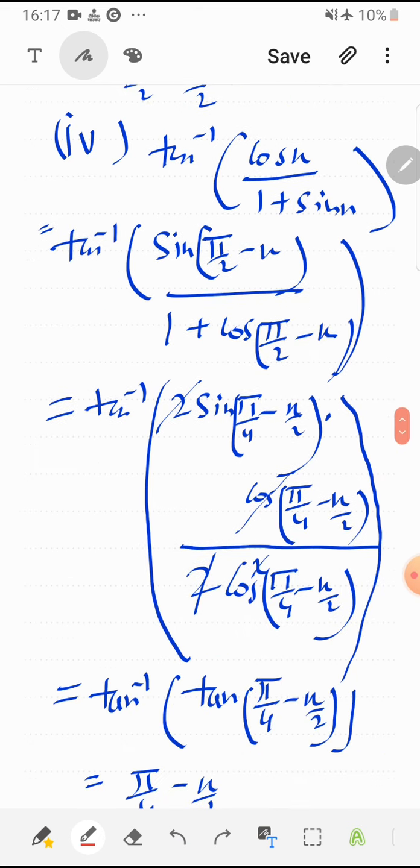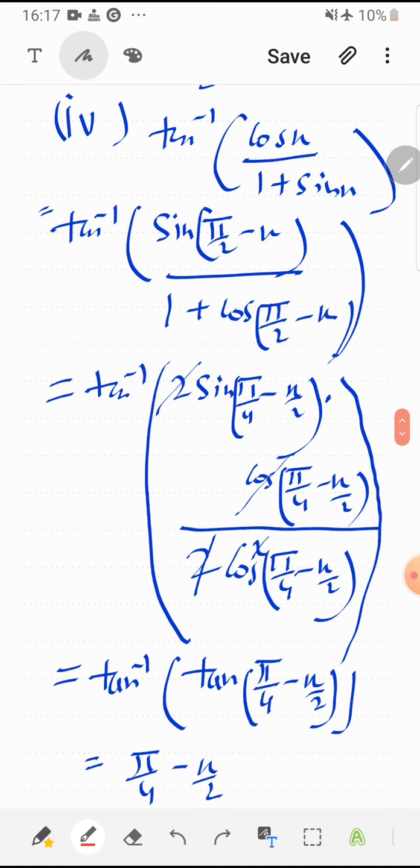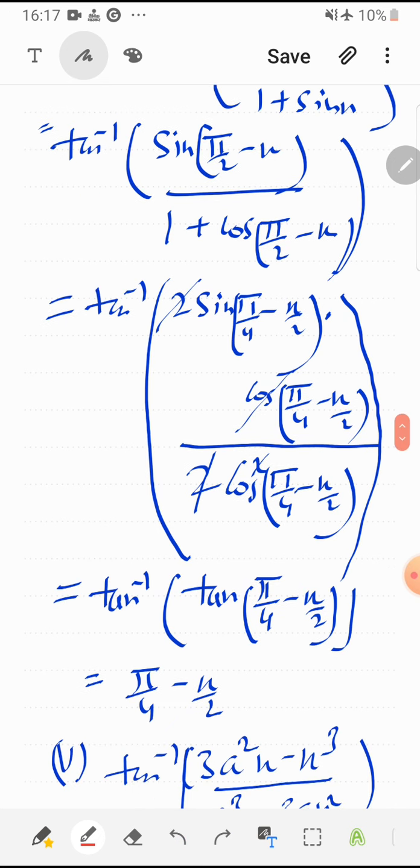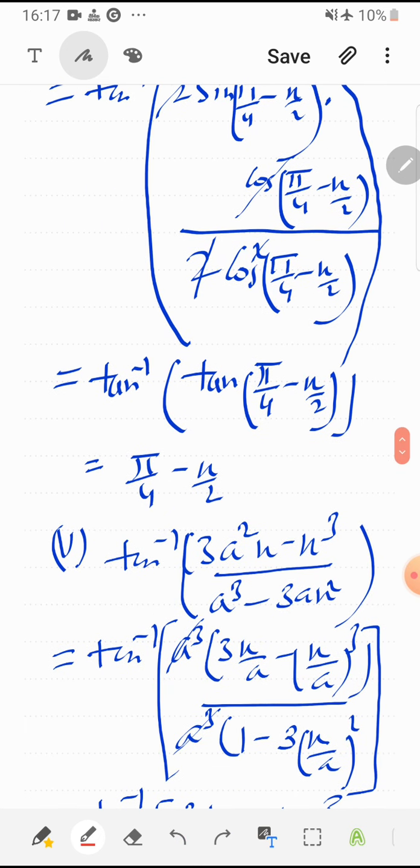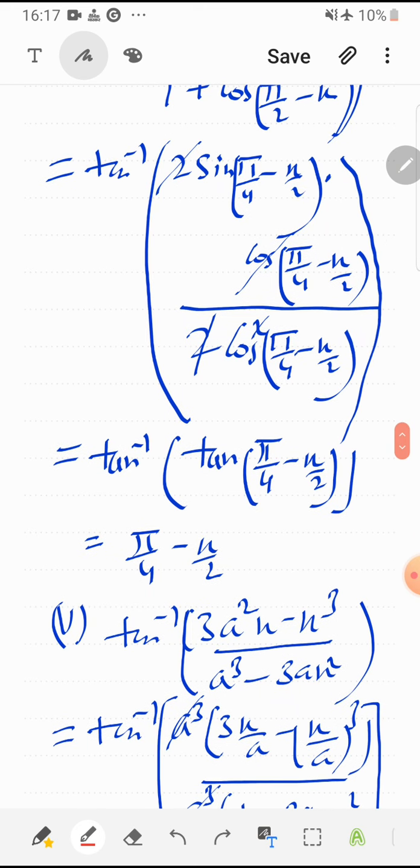So the 1 plus cos 2 theta formula and sin 2 theta formula are applied, and the angle is halved due to the formula, and cancelling the common factor we are left with tan of pi by 4 minus x by 2. So the result is pi by 4 minus x by 2.